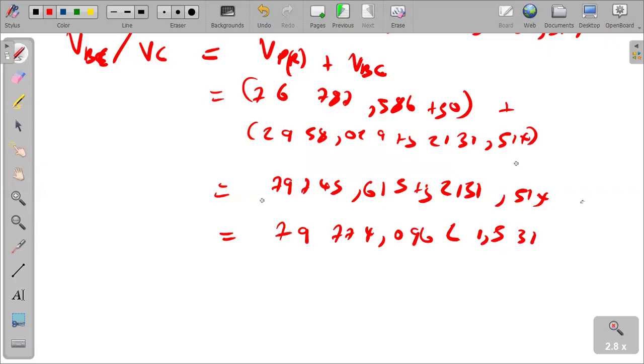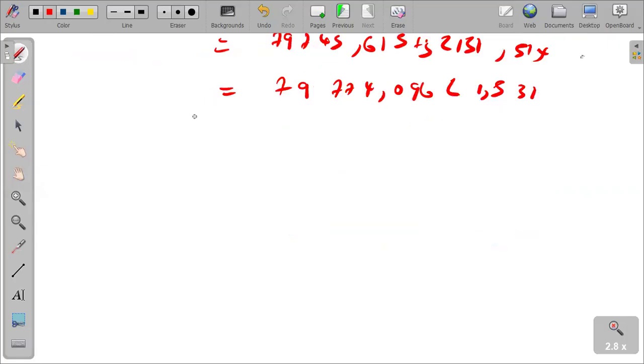So it means we can use VC to determine IC. IC is equal to VC, remember that's VBE, over ZBE, the voltage across the capacitor.